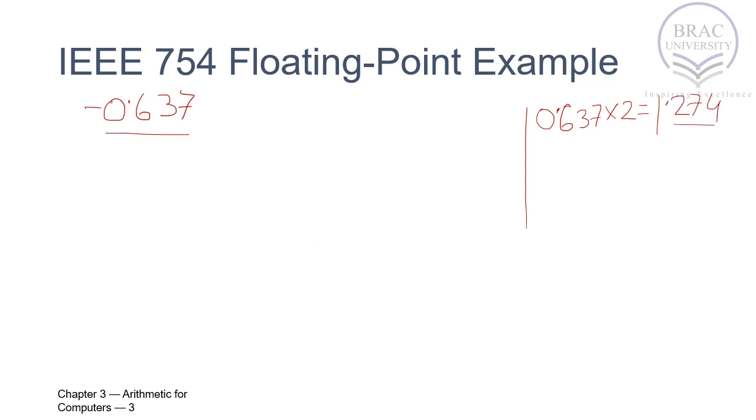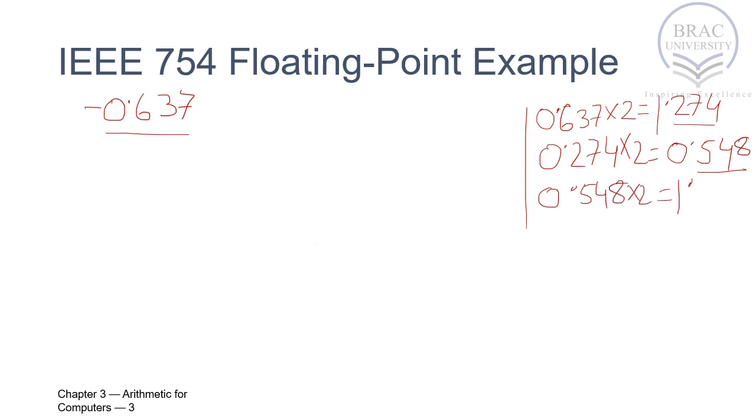So we'll take this 0.274 multiplied by 2, which would give us 0.548. We take this, so 0.548 into 2 would give us 1.096, and so on.